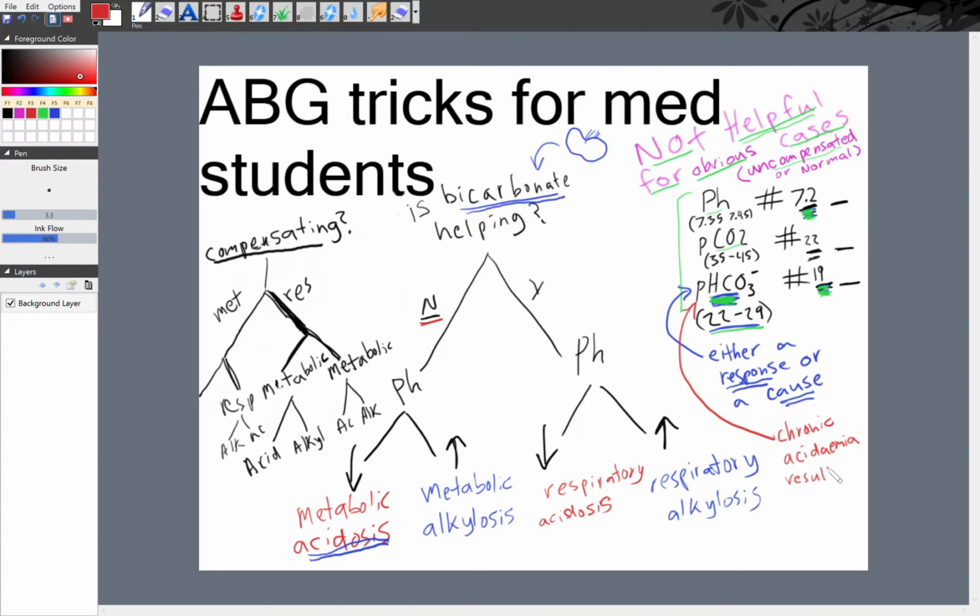What do I mean by that? I mean that you can only get out of range bicarb, or at least to my understanding, you would only produce out of range bicarb physiologically to combat a chronic problem with pH. Okay?